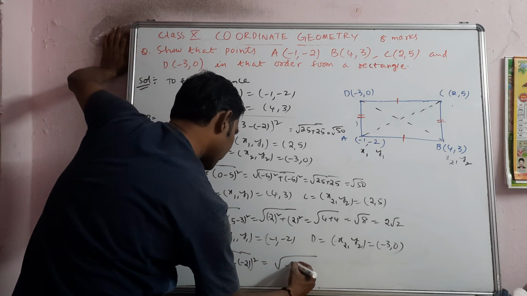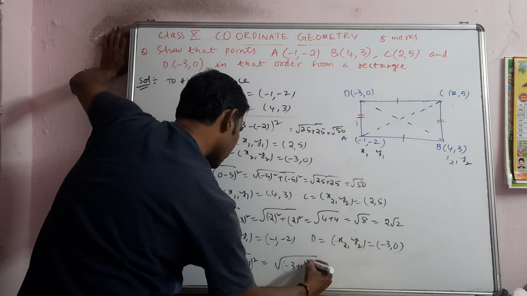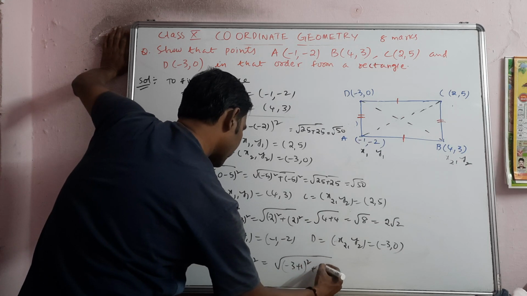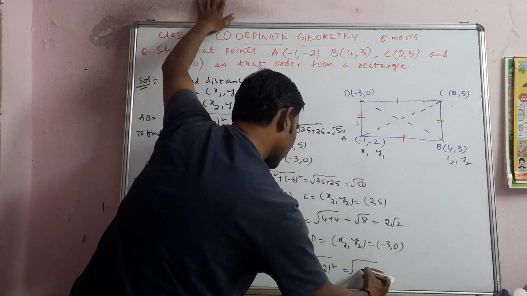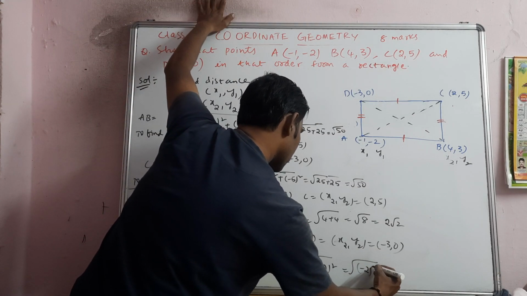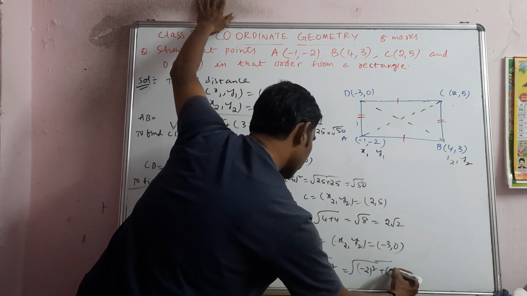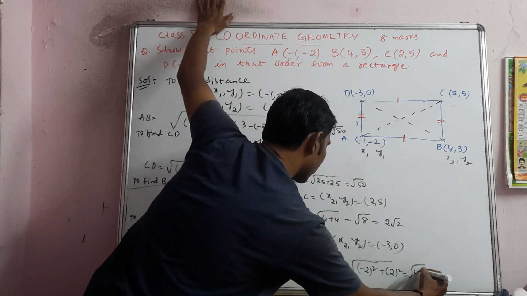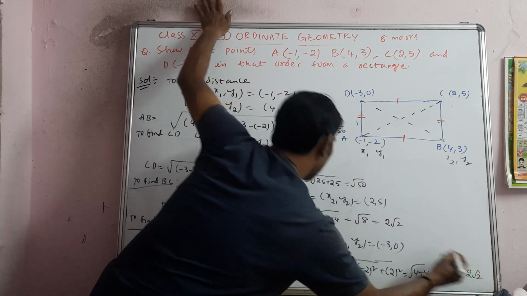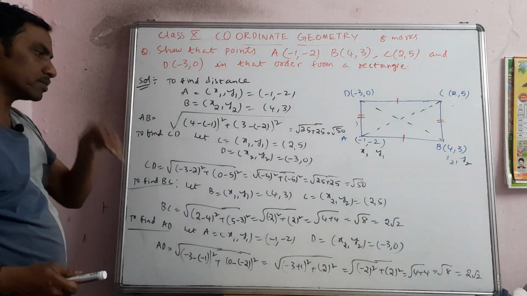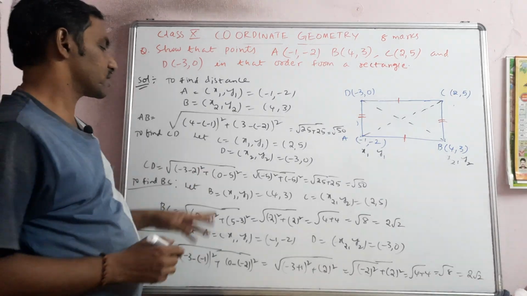So you will get minus 3 plus 1 whole square, plus 2 whole square, which is minus 2 whole square plus 2 whole square. So again you will get 4 plus 4, root 8, which is nothing but 2 root 2. Done. So by this we are able to understand that yes, the opposite sides are equal.